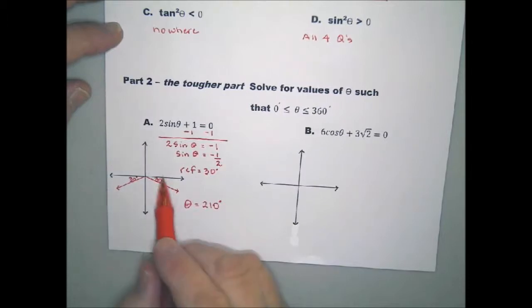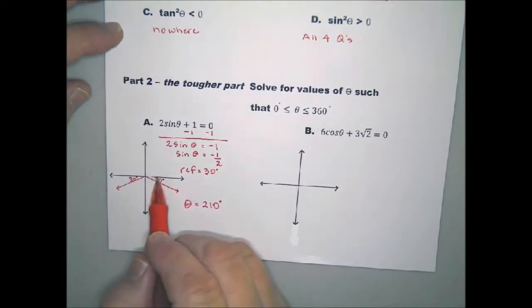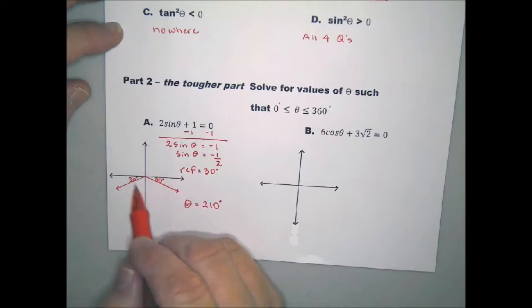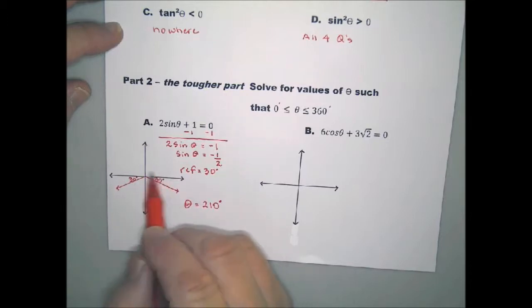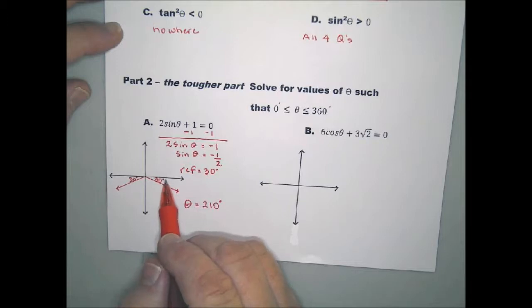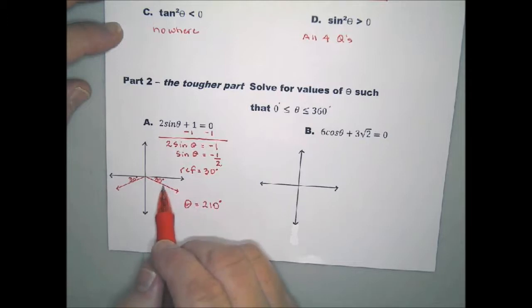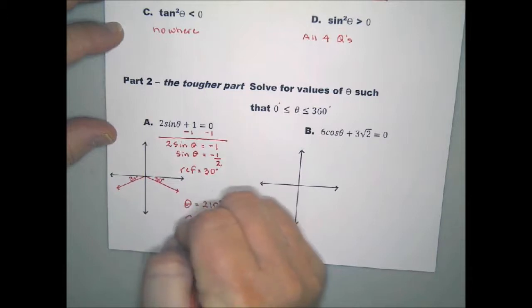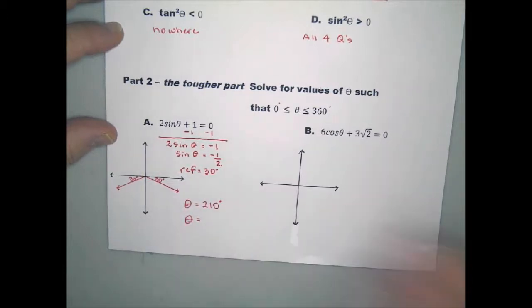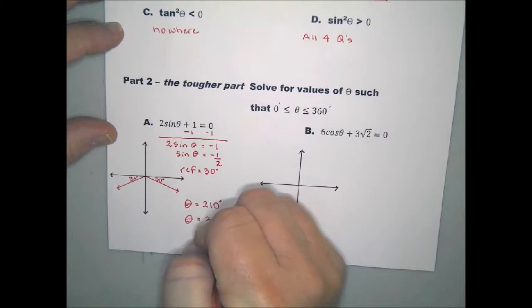Now on this one right here, first of all, I'm going to go all the way around to 360. So 360 would get me all the way around, but then I'm going to subtract 30 because I didn't quite make it there. So it's 360 degrees minus 30. So that's 330 degrees.